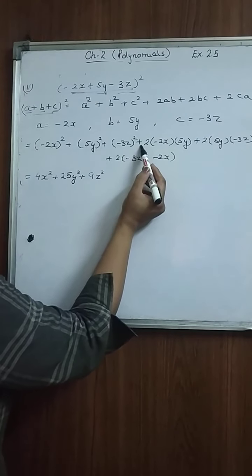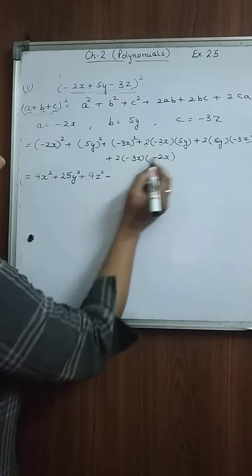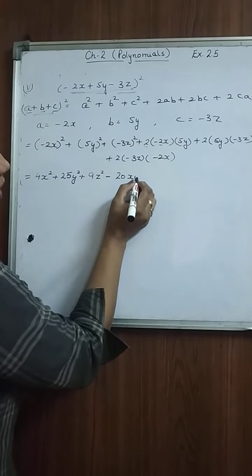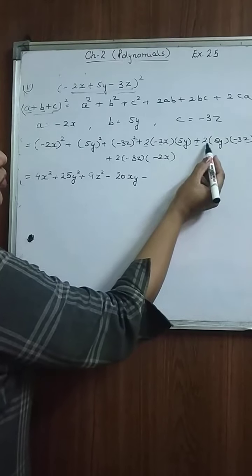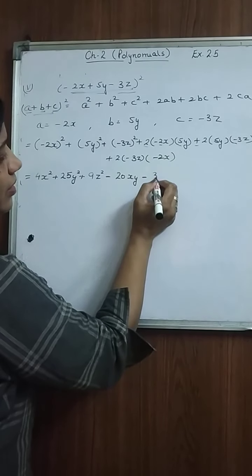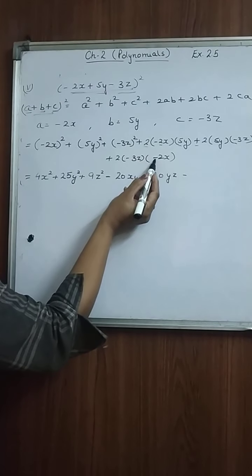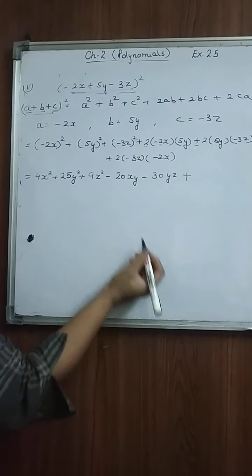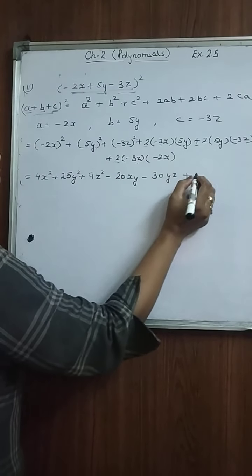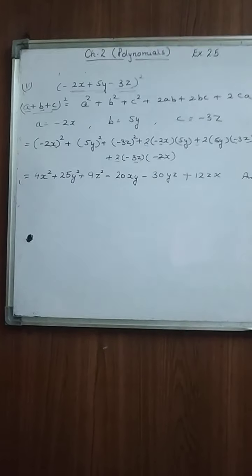Here plus into minus is minus. 2 2s are 4, 4 5s are 20xy. Plus into minus is minus sign. 2 5s are 10, 10 3s are 30yz. Minus into minus is plus, plus into plus is plus. 2 3s are 6, 6 2s are 12zx. So this is your answer.